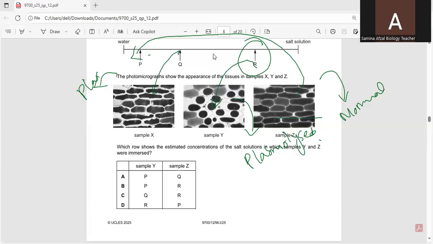So they are at Q. So according to this, Y is at R, completely plasmolyzed. They are round shaped. So D is the correct option. A, B, and C are not the correct options.